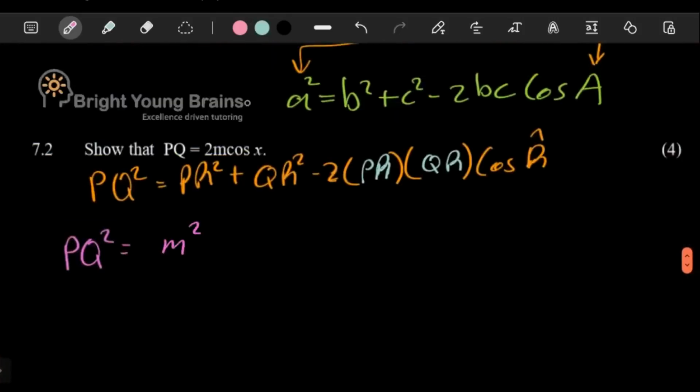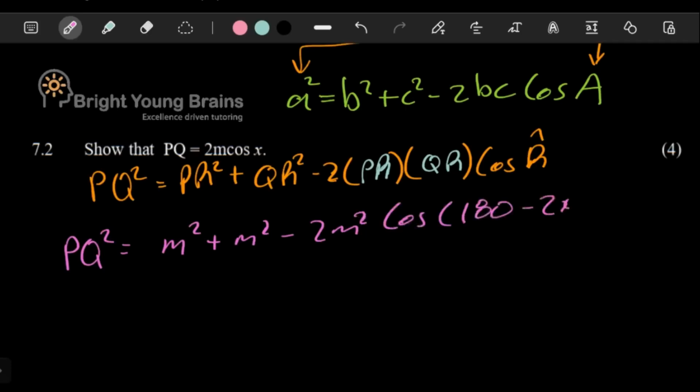M squared. I feel like I took the long route, but as long as it's working out, let's see what we're getting. M times M, and then cos of 180 minus 2x. Already these are like terms, 2m squared minus 2m squared cos of 180 minus 2x.